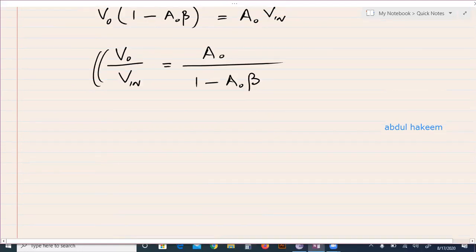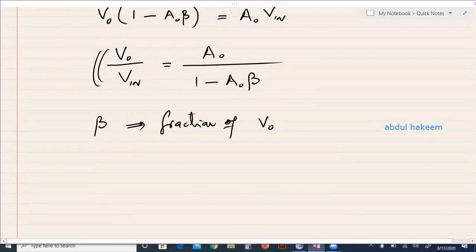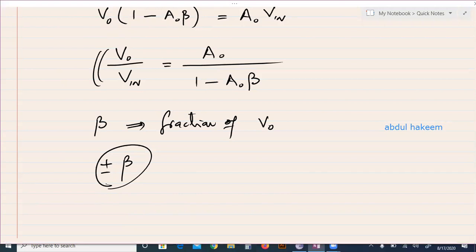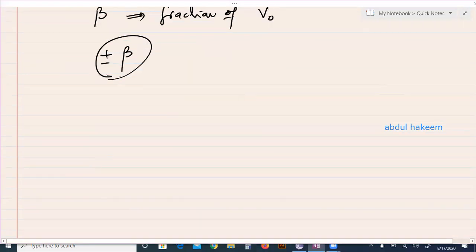Now, beta is actually a fraction of output voltage. So it can be positive, it can be negative, because sometimes output is positive, so the fraction is positive, sometimes output is negative, so the fraction is negative. So here is the problem. When V out is positive, it means this beta is also positive.